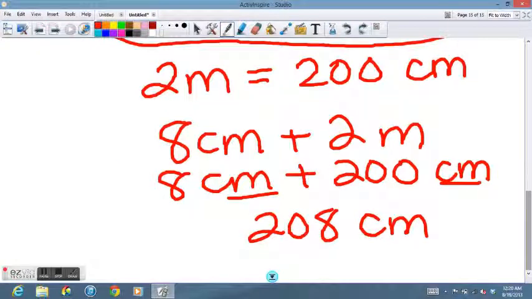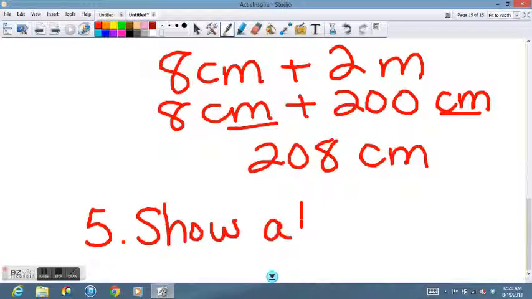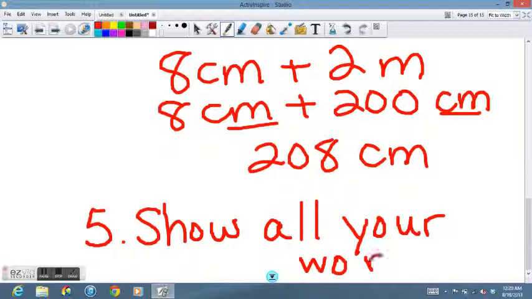Now the last thing to remember about word problems is to show all your work. Don't just write the answer down. Be sure to show all your work, all your steps.